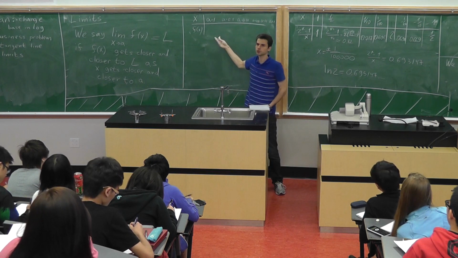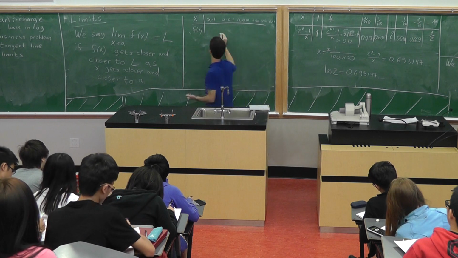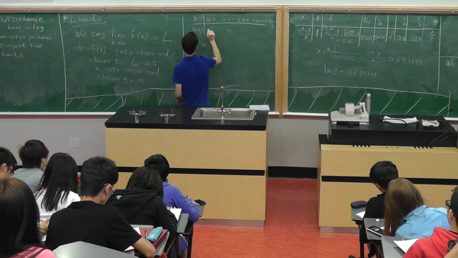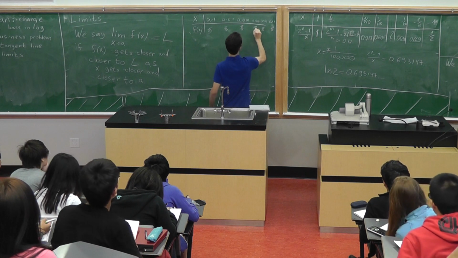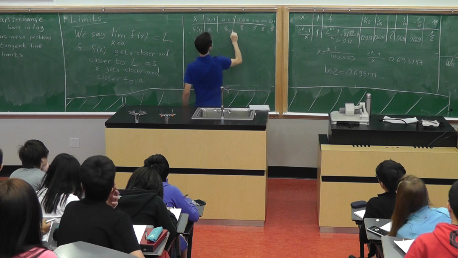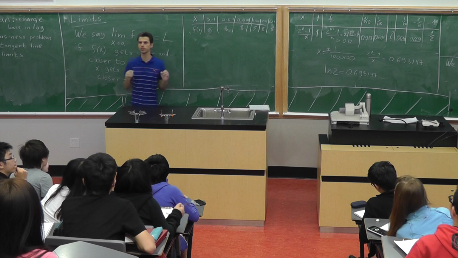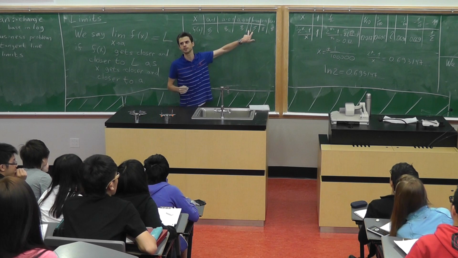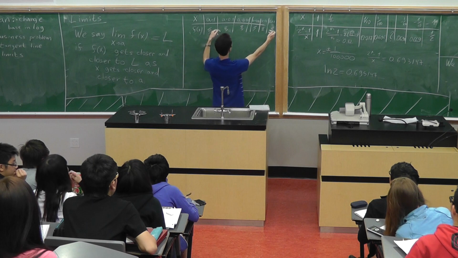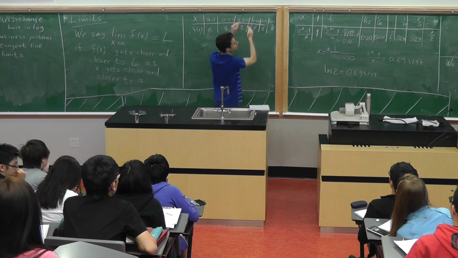For each one of these values, my function has some output. Well, it will give me some number here, some number here, some number here. So for each input, my function gives me an output. The concept of limit is what captures this point in between. It's what the values of my function converge to as my parameter converges to the point A.